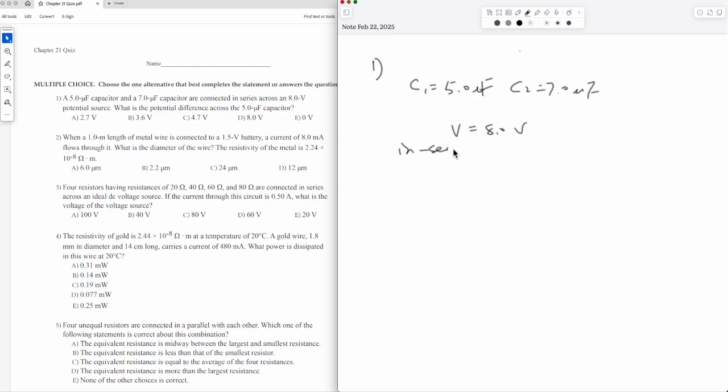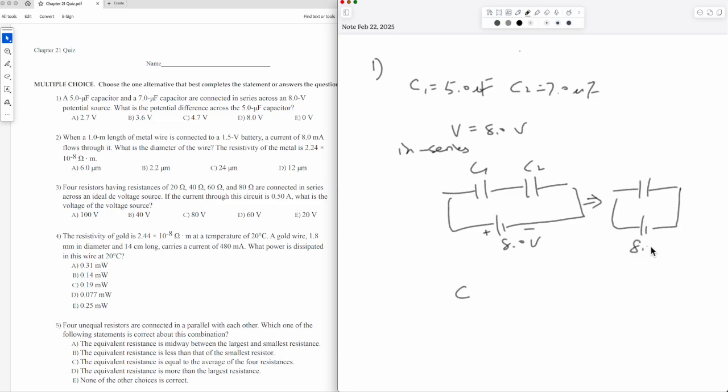So this is C1 in series C2, right? And then this is 8. All right. So C1, C2, 8.0 volts. Connecting series, looking for voltage. Connecting series, then we know equivalent, so you have to turn that to equivalent.